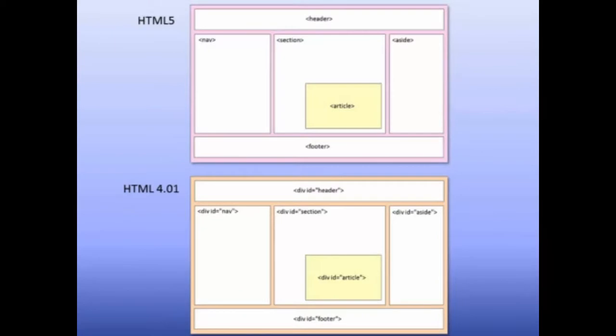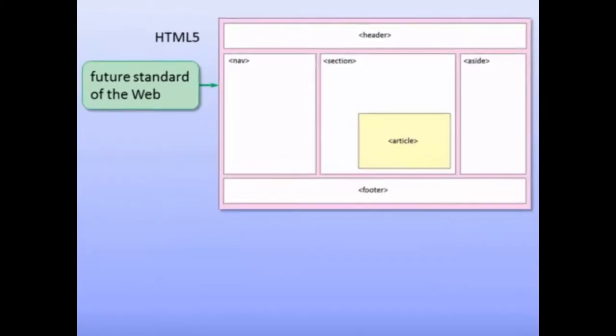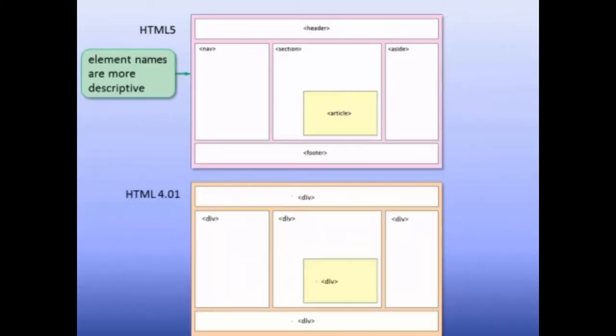You can use either HTML5's structural elements or HTML 4.01's div elements to identify the major sections of your document. Which one should you use? The HTML5 approach is preferred because it represents the future standard of the web. Structural element names are also more descriptive than the generic div element.